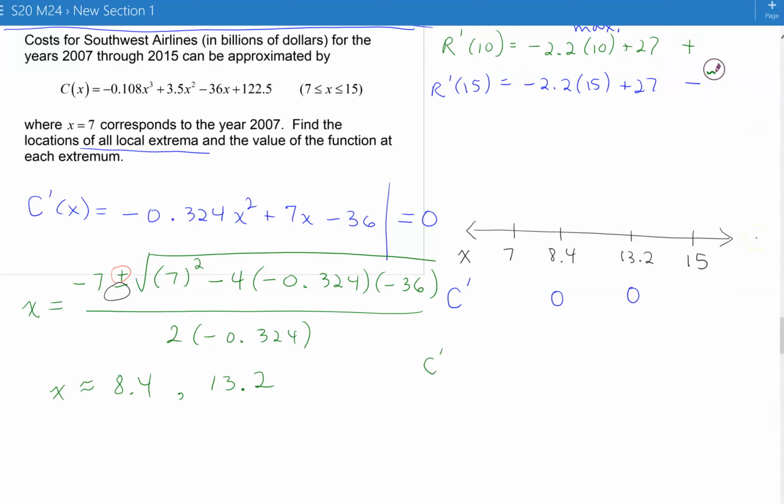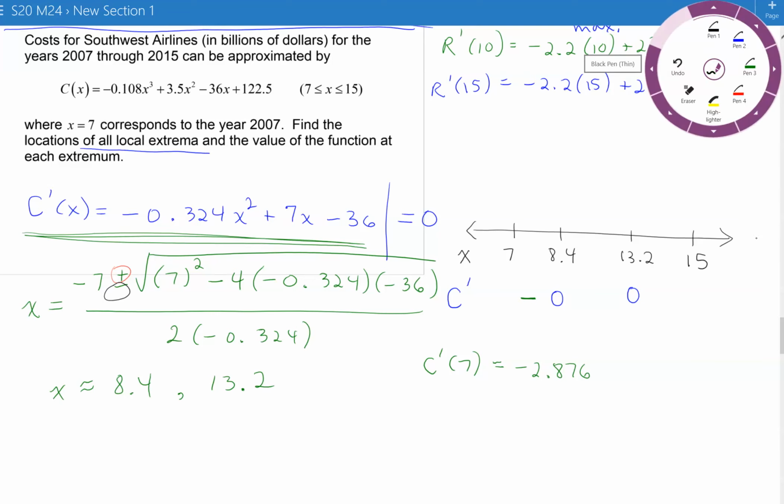So I'm going to do c prime of 7, and that's negative 2.876. So I'm going to put 7 into this c prime function. So I get a negative number here.